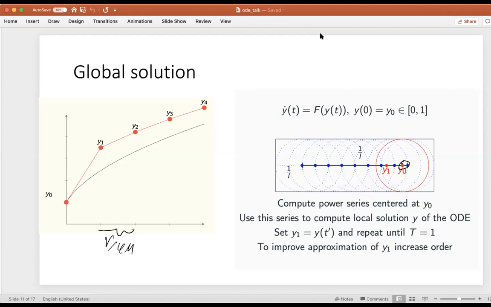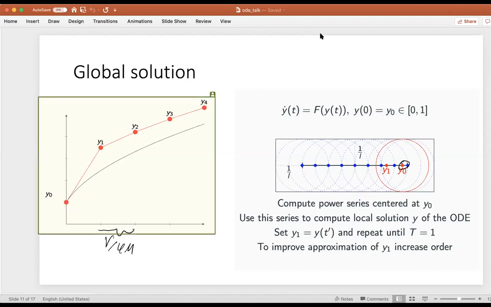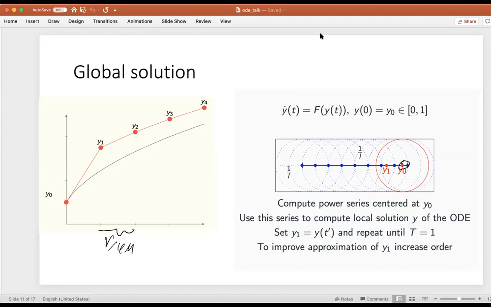This only works if all the intermediate values we need, we only need with polynomial precision. So instead of giving the exact local solution, the algorithm will only give us an approximation: y1 will only be an approximation of the real value y of t1.